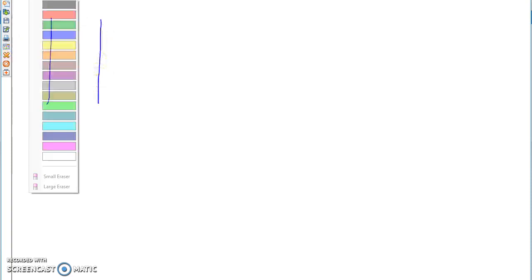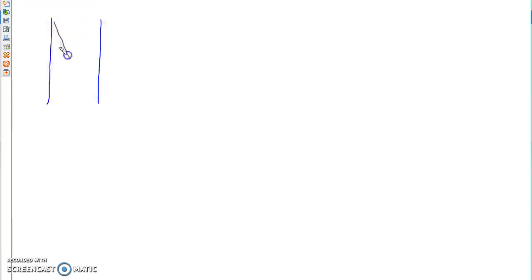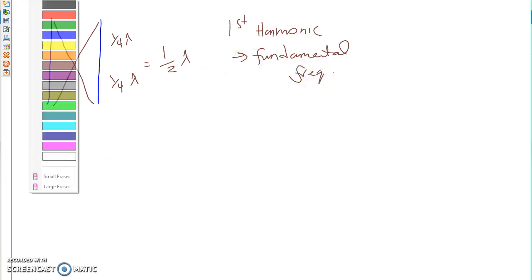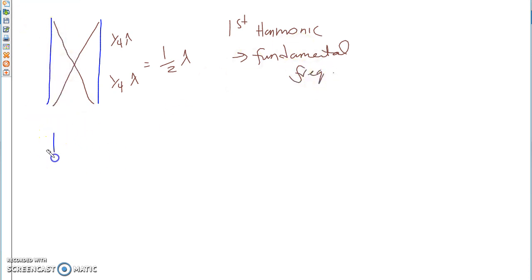So we said in an open air column, my fundamental frequency starts out like so, which is 1/4 plus 1/4 lambda, which gives you half lambda. Now this is the first harmonic, also known as the fundamental frequency. And then we keep on going up by half a lambda.